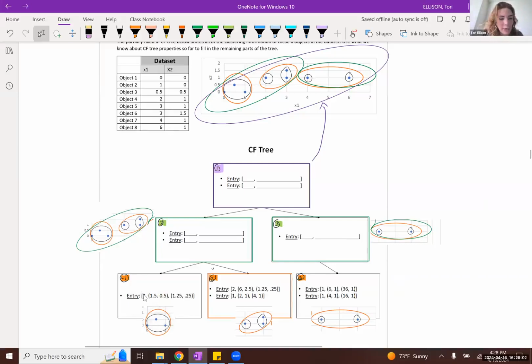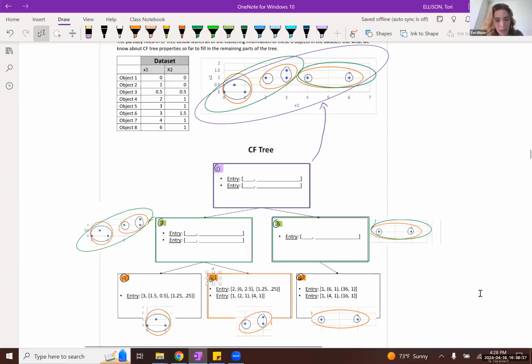We can see that it has 3 observations. If we calculate the linear sum of this subcluster, we would get this value here. If we calculate the squared sum of this particular subcluster, we would get this value here. In this leaf node, there's only 1 subcluster contained in it.